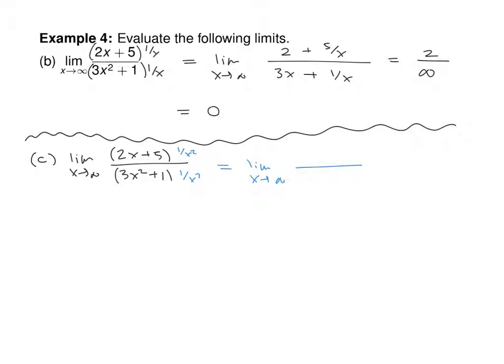What's 2x times 1 over x squared? 2 over x plus 5 over x squared, right? What's the denominator going to be? And in that case, where's your numerator going? Denominator goes to 3. 0 over 3 is also 0.